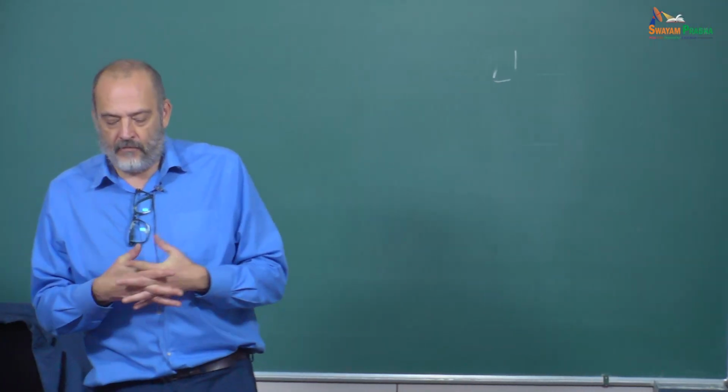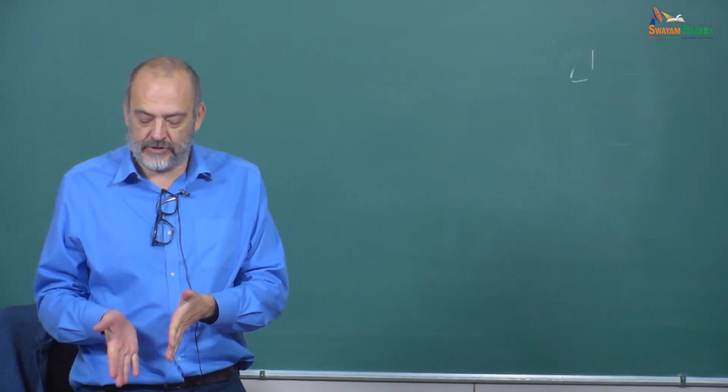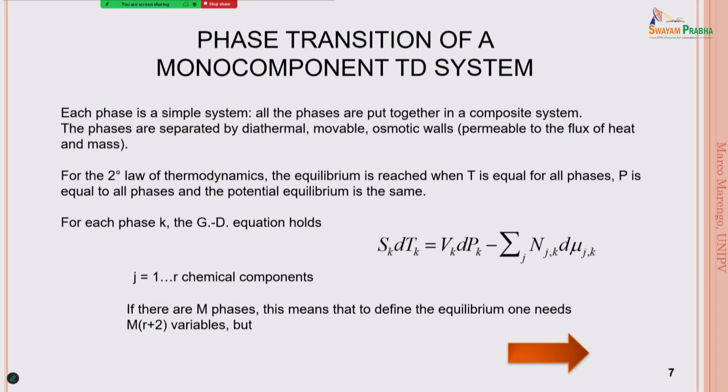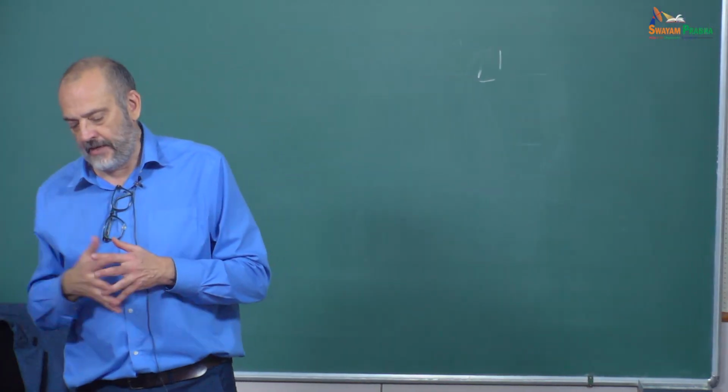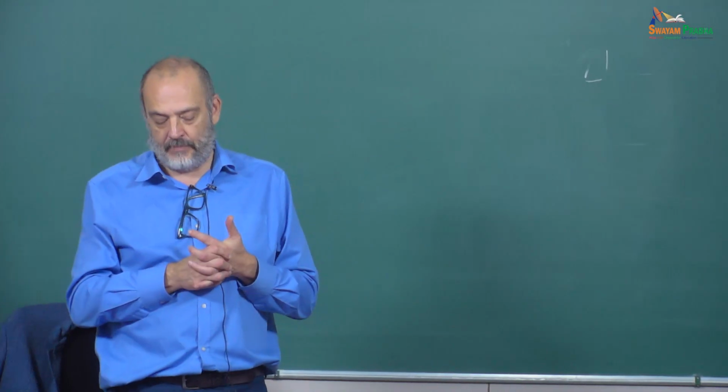So, for each phase, we can write the expression that we saw before, so that the entropy multiplied by the T for a given phase, so solid, liquid, gas, equal to V_k dP_k minus the sum over the chemical species of the moles of the phase multiplied by the differential of the chemical potential.